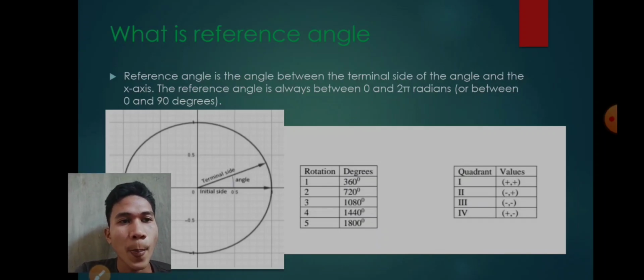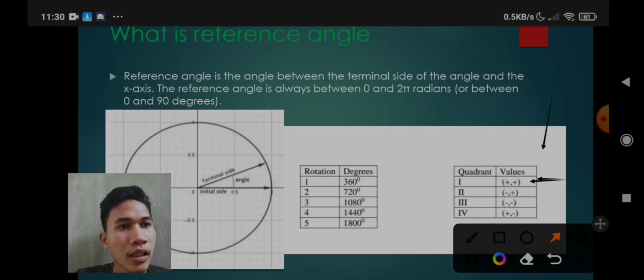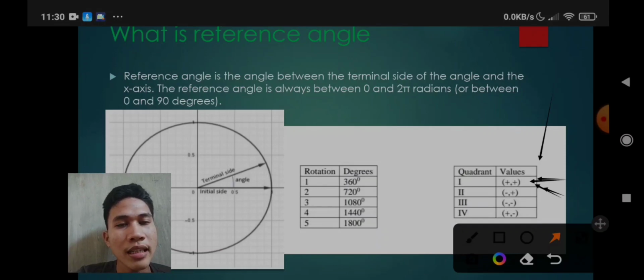So the value of quadrant 1 is the x-axis is positive and the y-axis is positive, and quadrant 2 the x-axis is negative and the y-axis is positive, and quadrant 3 both x and y-axis is negative, and then the quadrant 4 the x-axis is positive and the y-axis is negative.